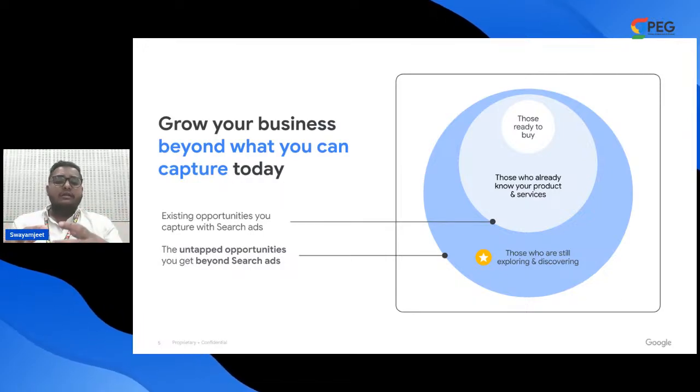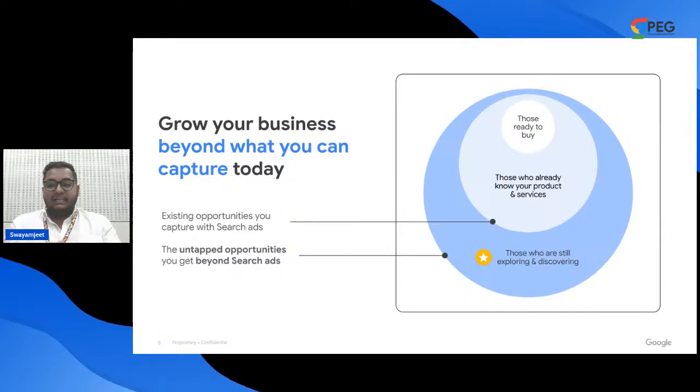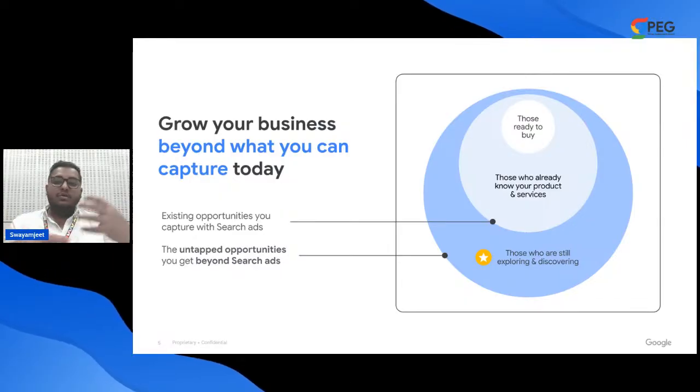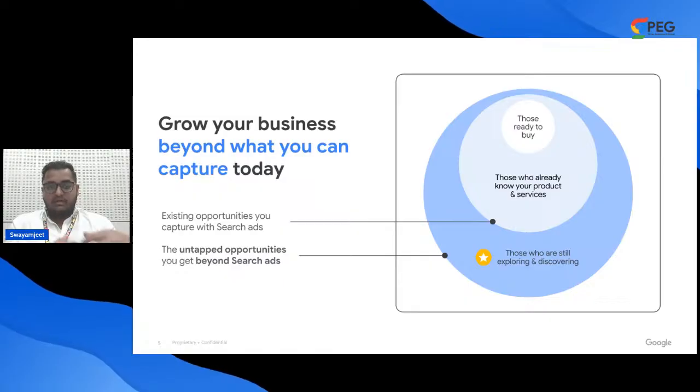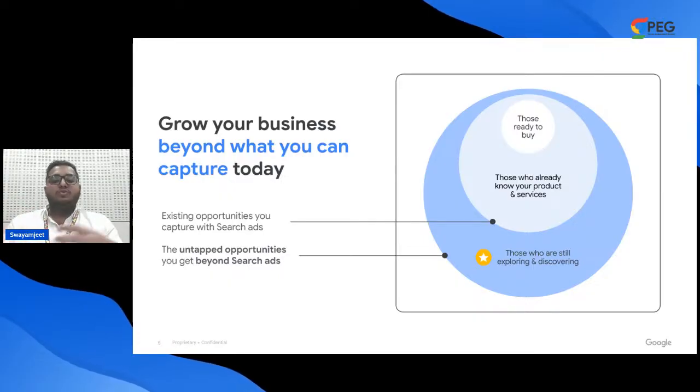Think of it like this: search is fishing with a net where you know the fish are. Demandgen is casting a wider net, reaching new areas where you don't even know where the fish are. You are trying to discover. You can reach audiences on platforms like YouTube, Discover, and Gmail.